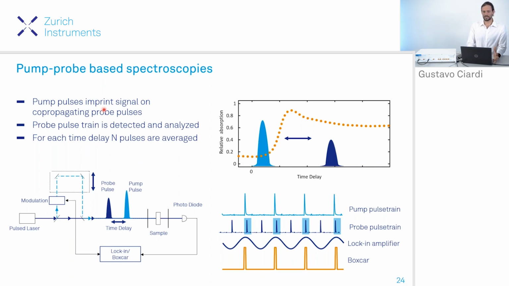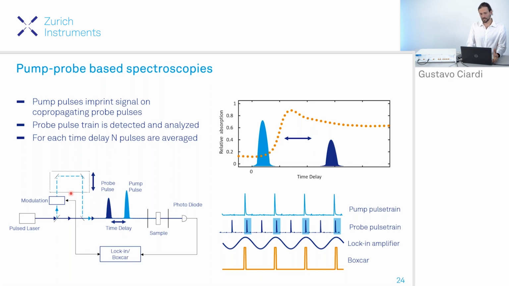In a nutshell, we have two co-propagating pulses coming from the same laser, where one pulse is the pump, and in shining onto the sample, it induces some sort of photochemical processes that are then probed, explored, by the second delayed pulse, the probe pulse.